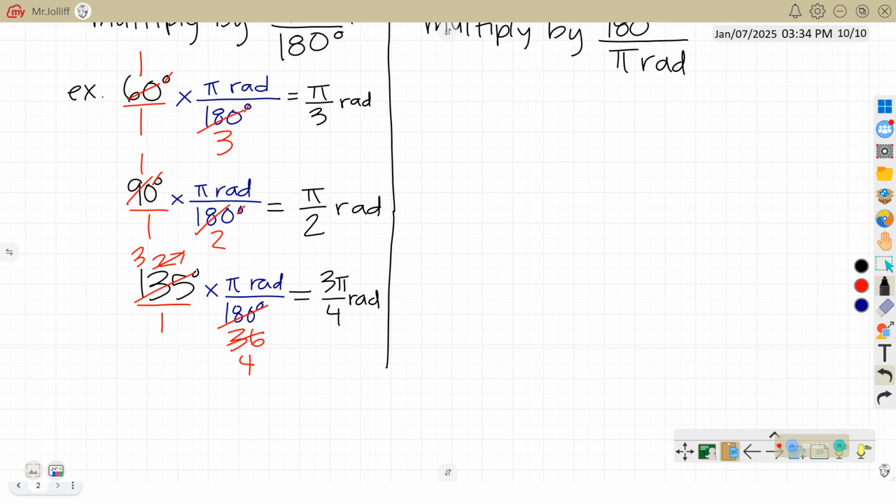Second, if you are absolutely stuck, ignore the pi, just divide the numbers, and then use the math frac button to convert it back to a reduced fraction. So on your calculator, you can type 135 divided by 180 and hit enter, right? Top divided by bottom, and I get 0.75.